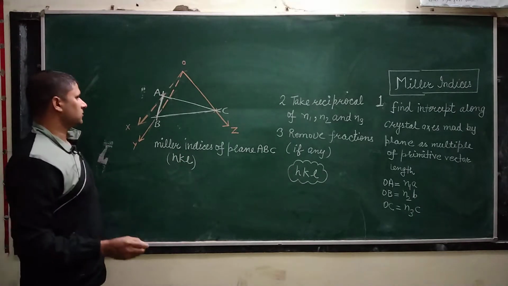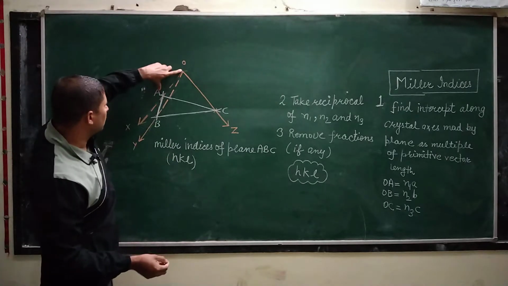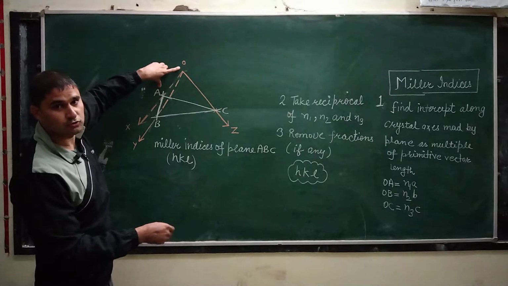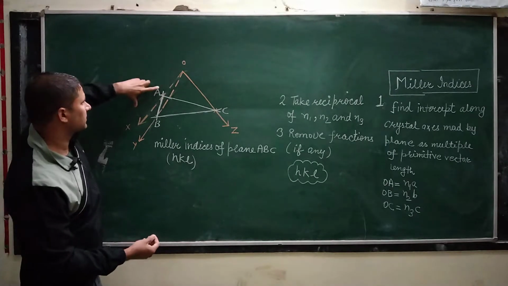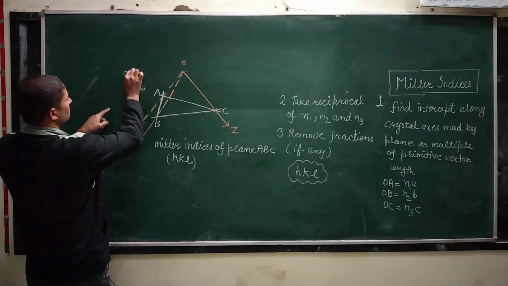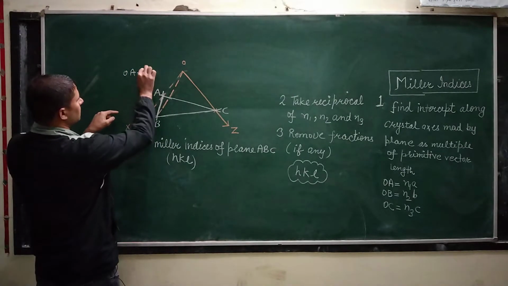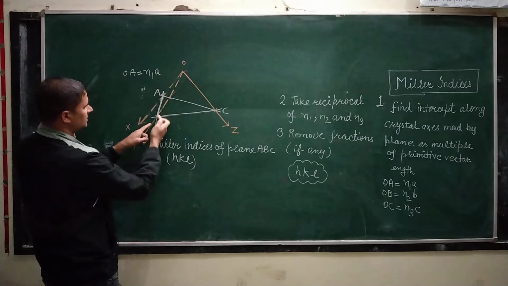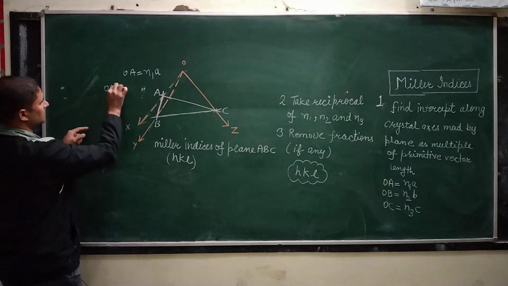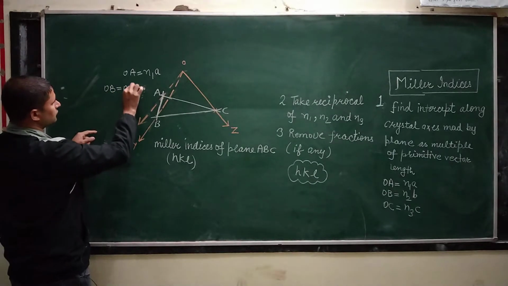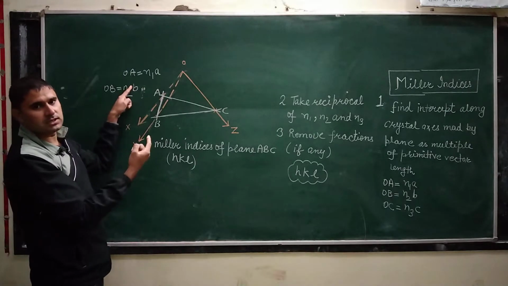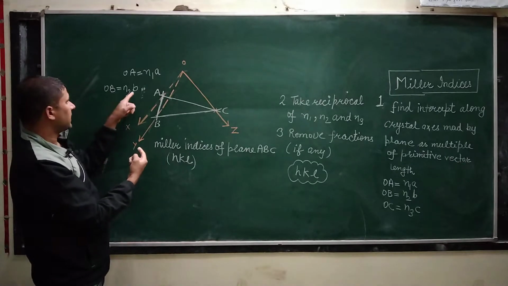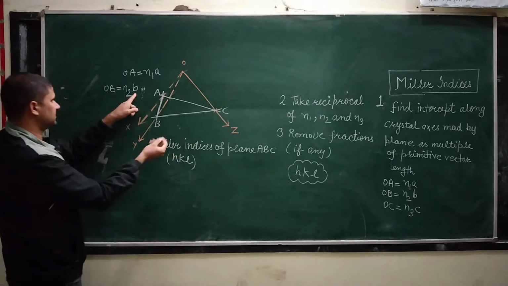Okay class. Now what will be OA? You will find it in terms of the primitive vector, the length of the primitive vector along the X crystal axis, and here OA is equal to N1 times a. In the same way, OB is N2 times b. What is b? b is the length along the y-axis at which particles are arranged.